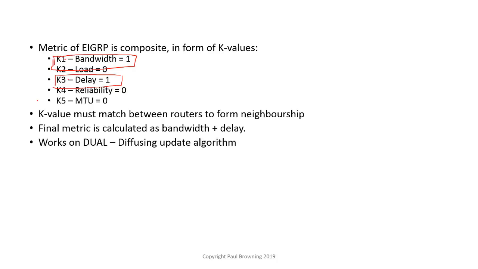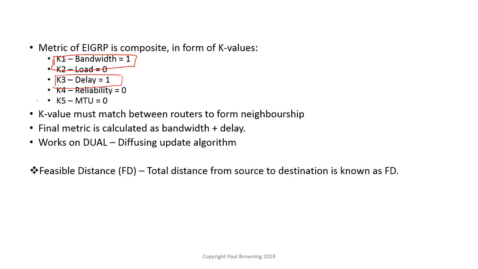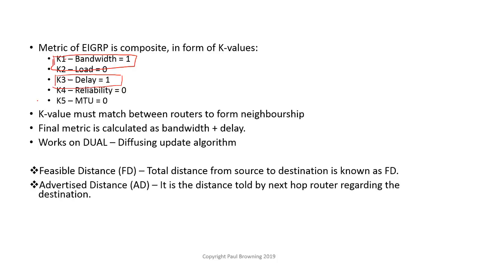It uses something called the diffusing update algorithm, or DUAL. The feasible distance is the total distance from the source to the destination. The advertised distance is the distance told by the next hop router. So if you've got your routers here, this one will be sending a distance of whatever, and that will be called the advertised distance.